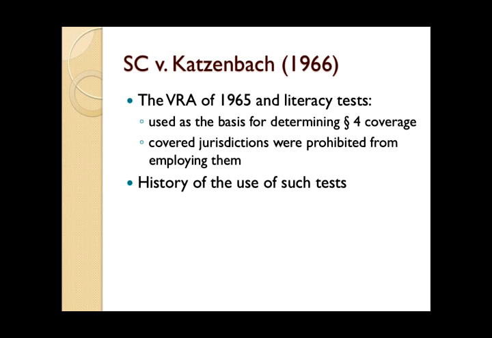Nevertheless, the practical use of the tests had been to discriminate. So Congress was well within its rights to combine those two factors, the existence of a test and the existence of less than 50% voter participation. Right? So in other words, Congress could put two and two together and say, there's some problem here in this state.